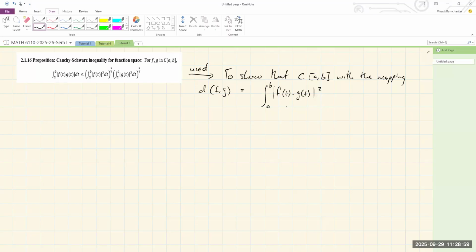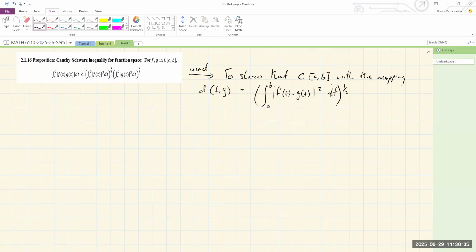And I essentially want to show that this space here, with dt, is a metric space. This has to be the square root of all of this.